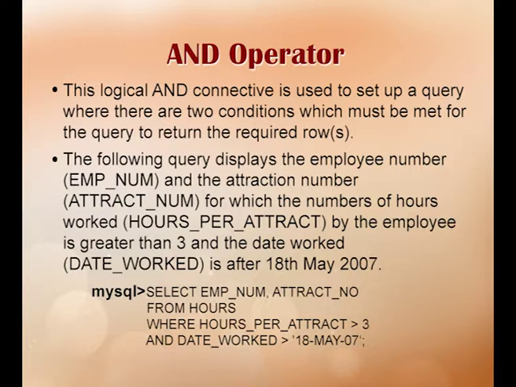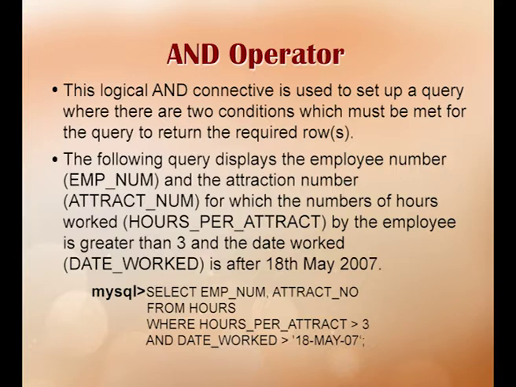Just see here, the following query displays the employee number and the attraction number for which the number of hours worked by the employee is greater than 3 and the date worked is so and so. Here one condition is number of hours greater than 3, and the other condition is that the person needs to have worked on so and so date. So two conditions were given and it should meet both.